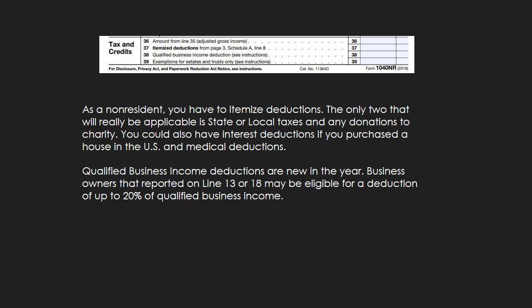A new one for 2018 is the qualified business income deduction. Like I mentioned on line 13, or a partnership, if you have a business, you can deduct up to 20% of your qualified business income, and then that comes off of your taxes there.